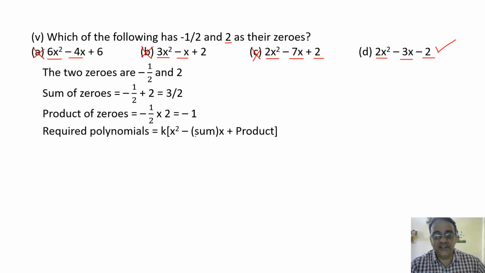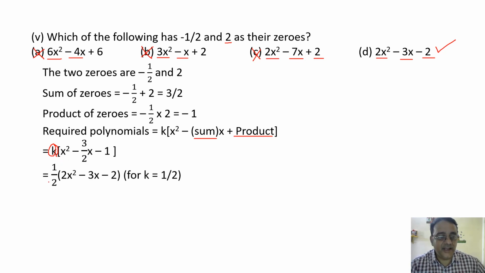Now we'll substitute the sum 3/2 and product -1. Now take 1/2 outside, and you will get 2x² - 3x - 2. And finally, this is the required polynomial. The correct option is D. But we already got the answer.